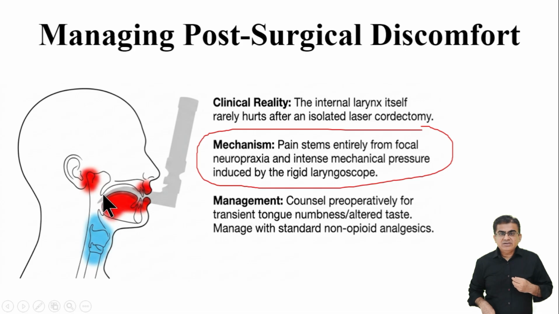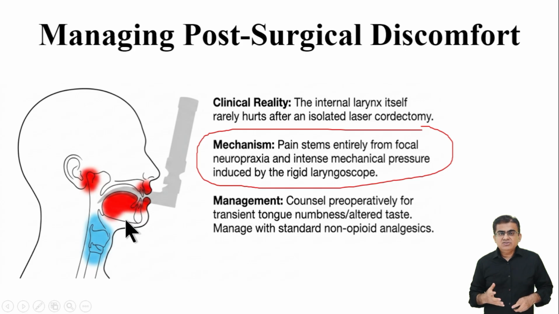This extreme pressure frequently causes small micro tears at the base of tongue. It can also temporarily crush the nearby nerves, which we call a focal neuropraxia. Because of this specific nerve pressure, patients might complain of tongue numbness or strange changes in their taste for a few months.